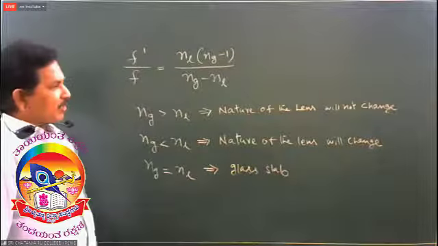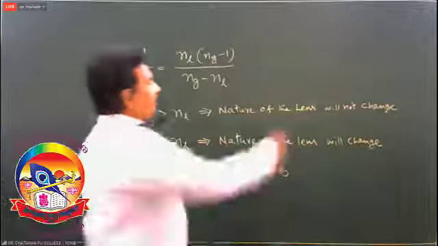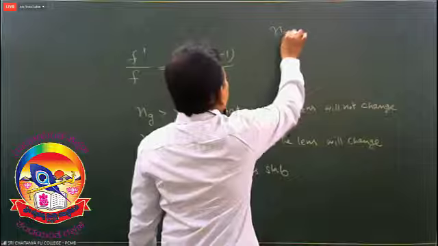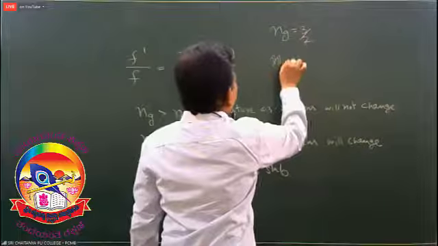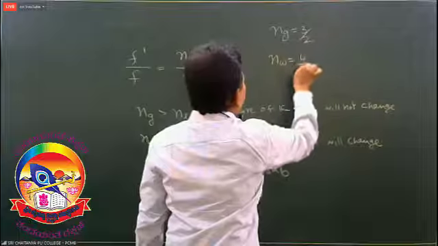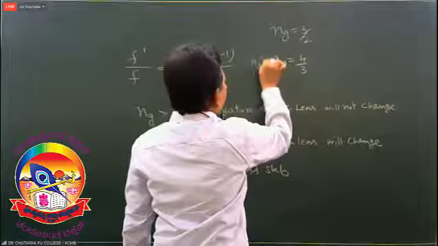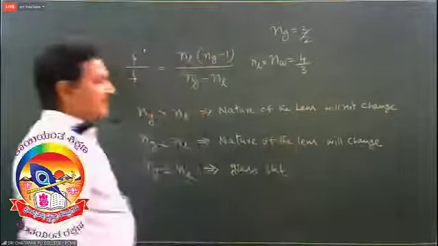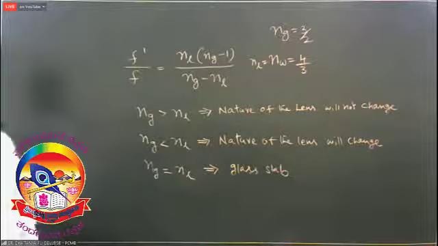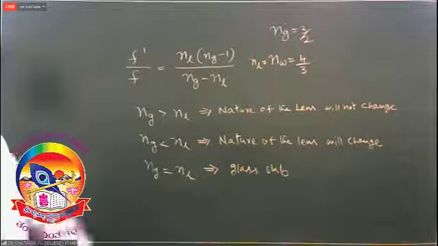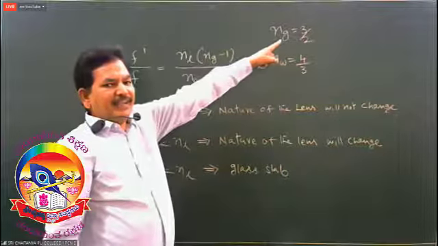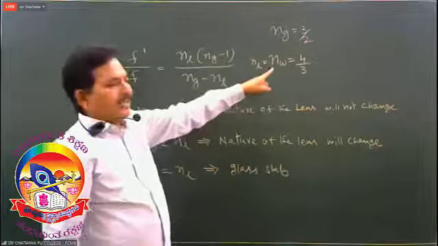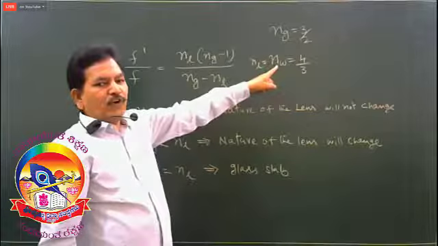One more case we already completed. If NG is equal to 3 by 2 and the liquid is water, the refractive index of the liquid is 4 by 3. The refractive index of the glass is 3 by 2 and the refractive index of water is 4 by 3.